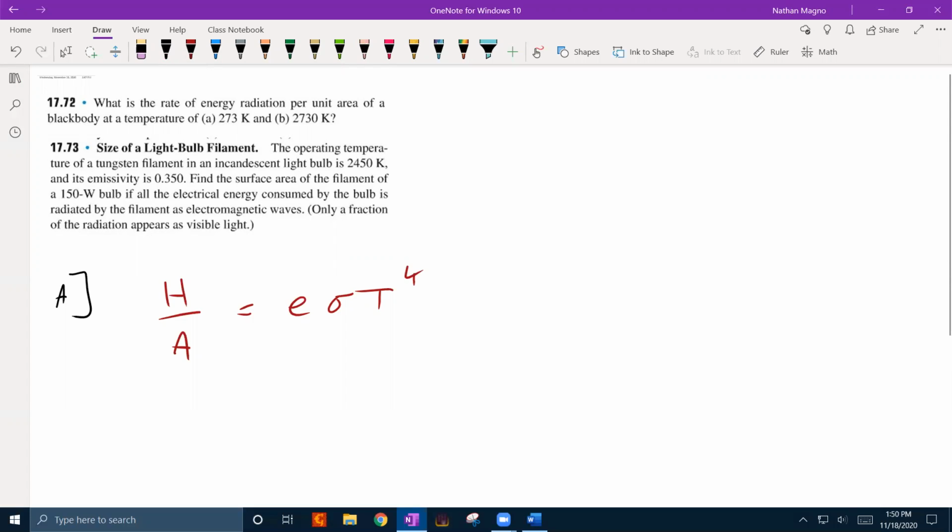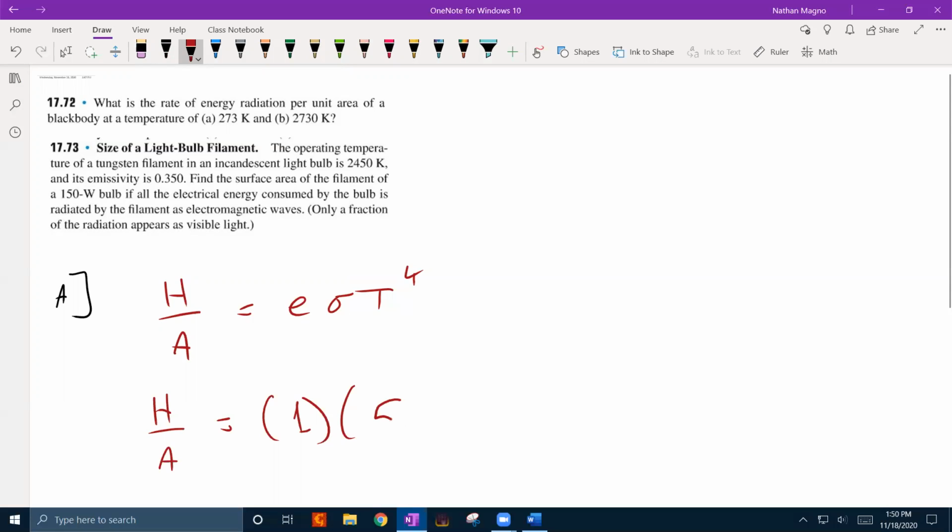Yeah, and from here, now it's algebra or plug and chug, unfortunately. So the emissivity, yeah, it says black body. So theoretically, the black body emissivity is 1. So it doesn't radiate any type of electromagnetic radiation. Times your Stefan Boltzmann constant.